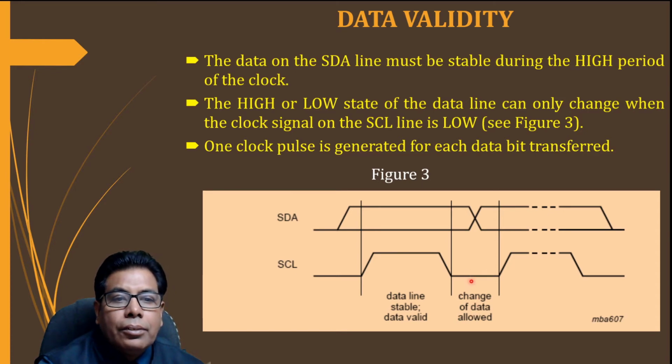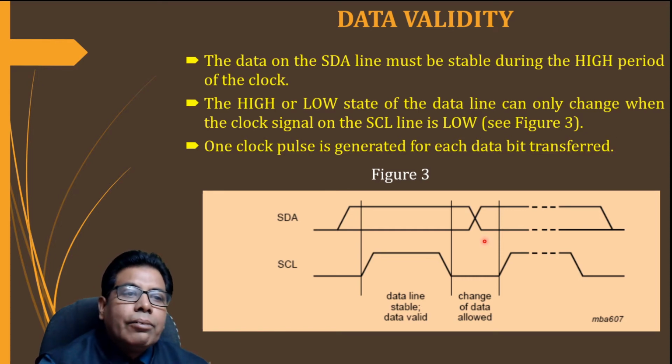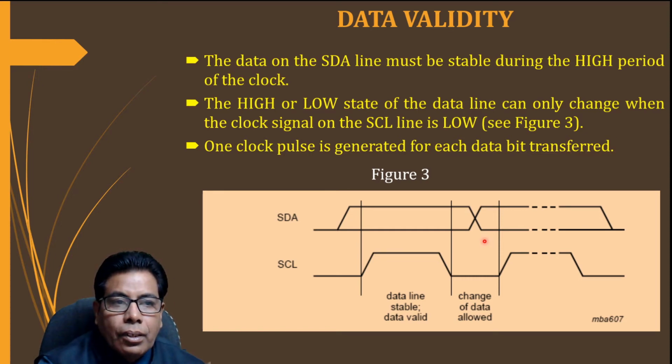So this can go from low to high or high to low. That is what data validity is. And one clock pulse is generated for each data bit transfer. So the clock and data are very important in this.